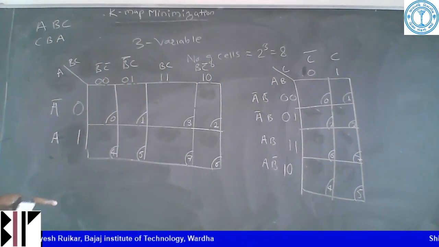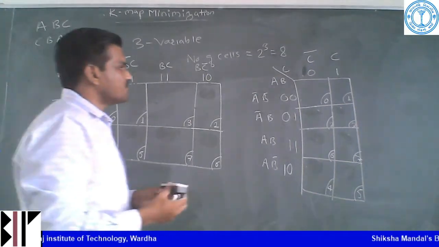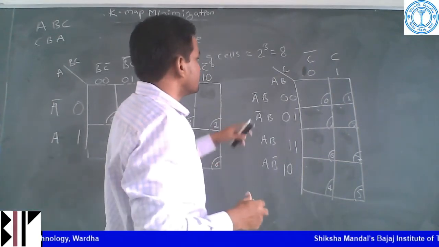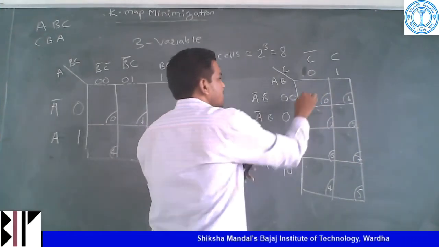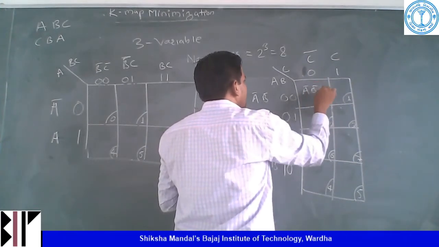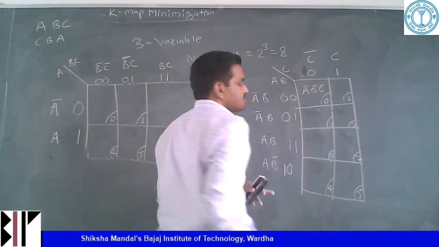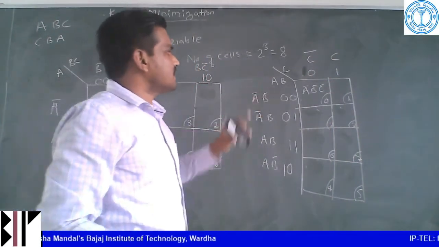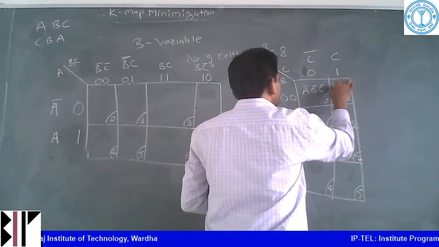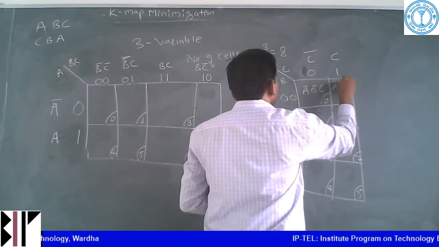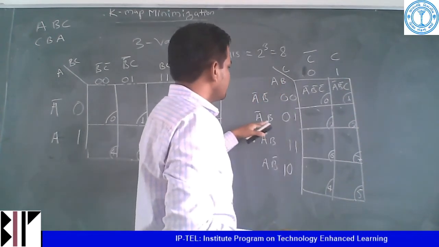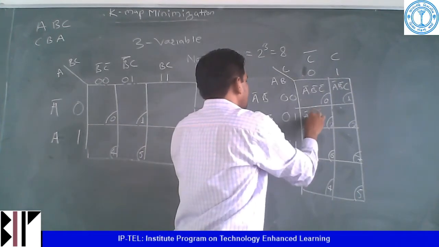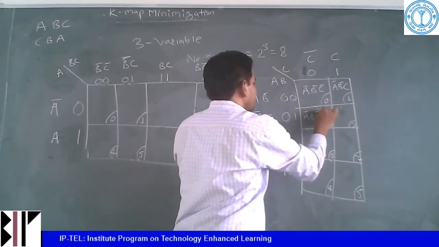Have you understood this? Now in terms of variables, for this cell the value is A bar, B bar and then C bar. Here A bar, B bar and this is my C. Here A bar, B and this is C bar.